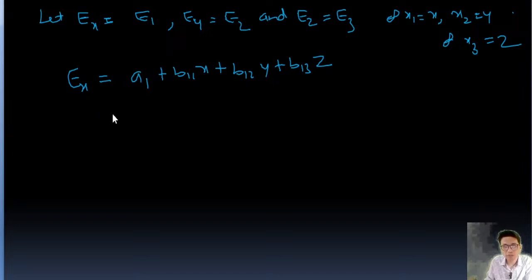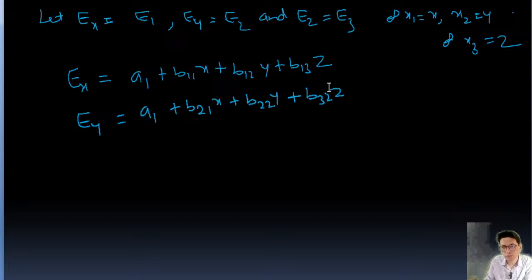So similarly, we can write Ey equal to A2 plus B21 x plus B22 y plus B23 z.